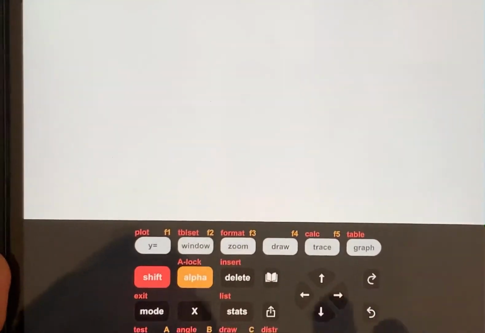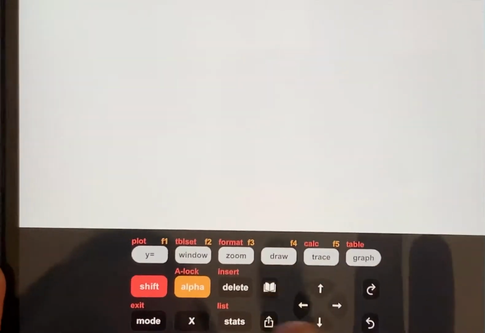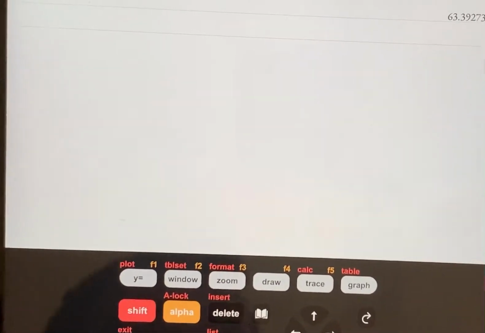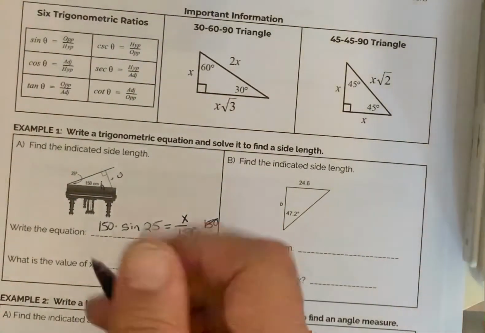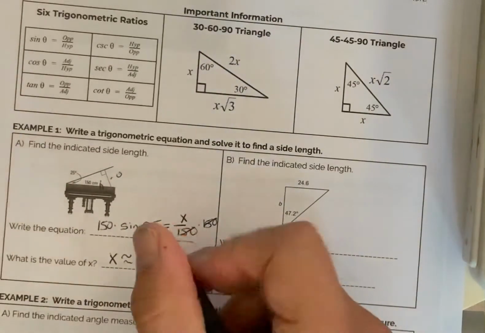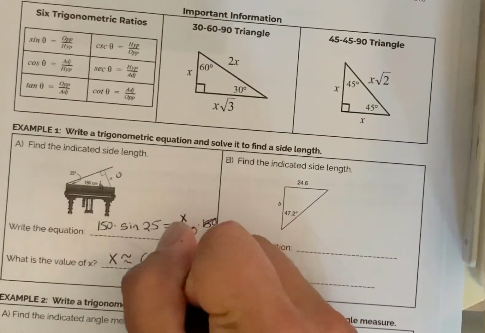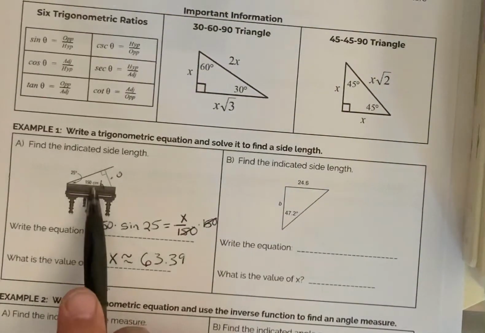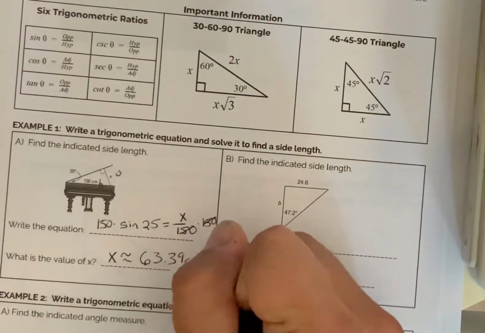And then I have to retype that. So 150 times the sine of 25. And I got 63.39. So x is approximately 63.39. And then I got to make sure I have my units. The units here are centimeters, so I'm going to put centimeters.